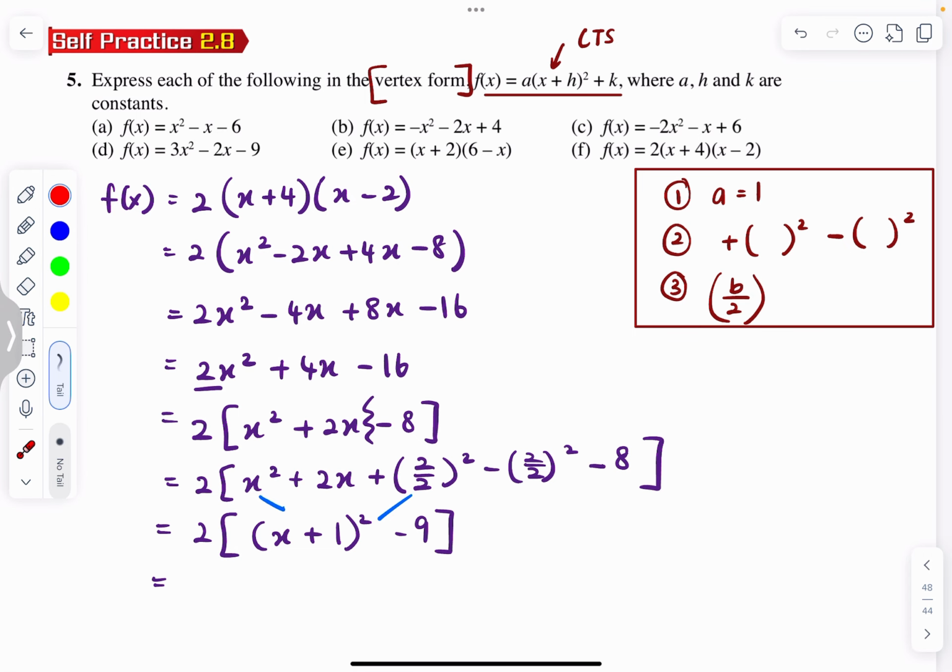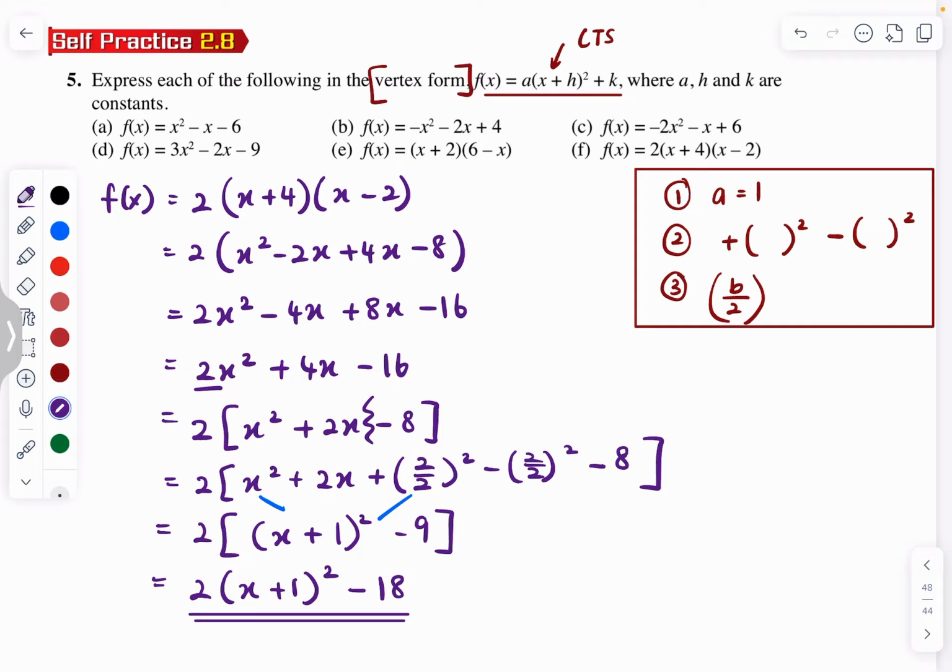Then we multiply the 2 inside, we get 2 x plus 1 square minus 18. That's it. This will be our final vertex form. Done. So remember, you can follow these 3 steps for completing the square.